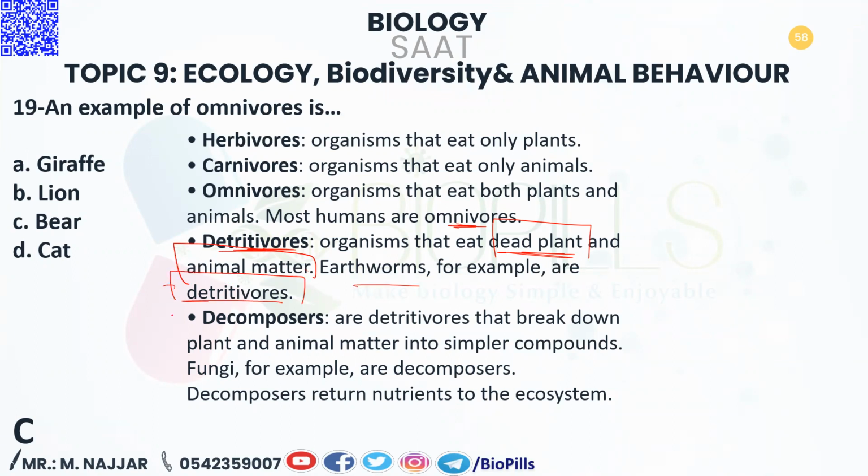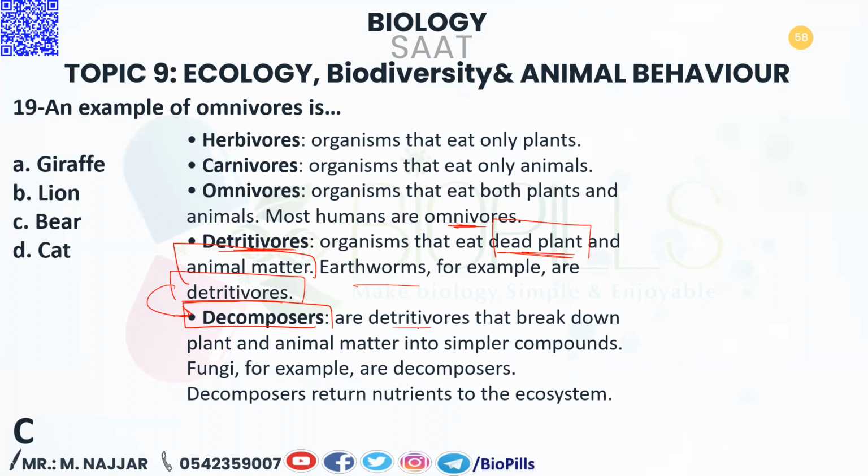And by the way, it is a decomposer. Why? Because it can make the nutrients available to the soil again. It is cycling or completing the food cycle. So the decomposers play a very important role. What are the decomposers?